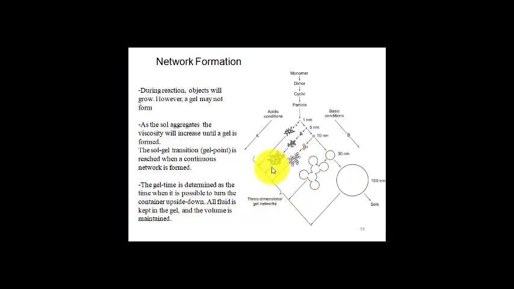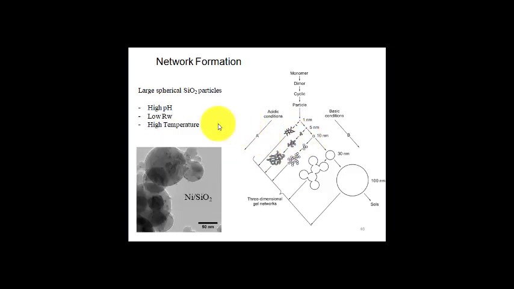These are three-dimensional gel networks of different sizes. So we have large spherical silicon oxide particles. If we have high pH, low Rw, high temperature, then we will get small particles and we will get network formation by using sols through condensation process.